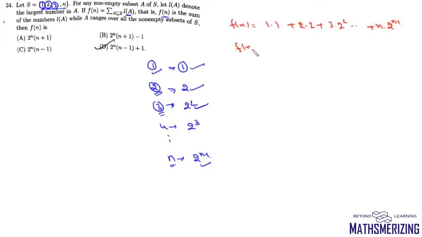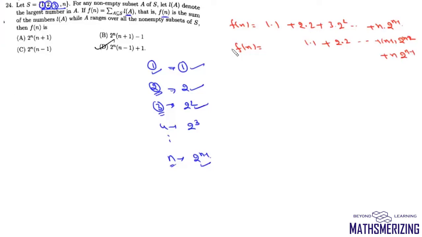Now what we'll also do is we'll write this Fn, but we'll write it after displacing one term. So it is 1 into 1, 2 into 2, n minus 1 into 2 to the power of n minus 2, and plus n into 2 to the power of n minus 1. Now we'll also multiply it with 2.